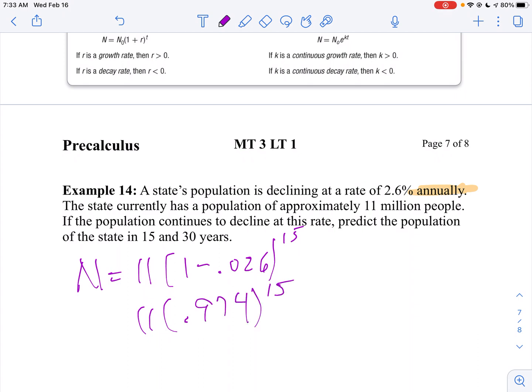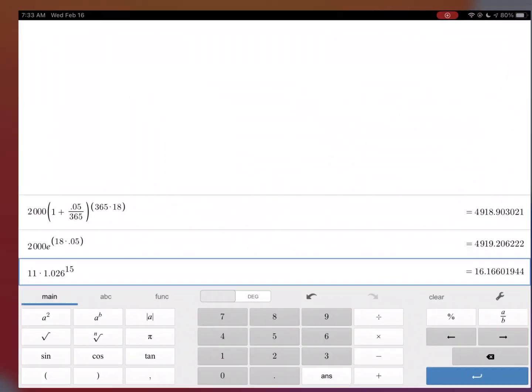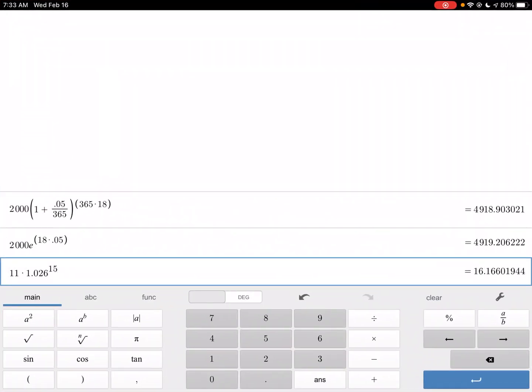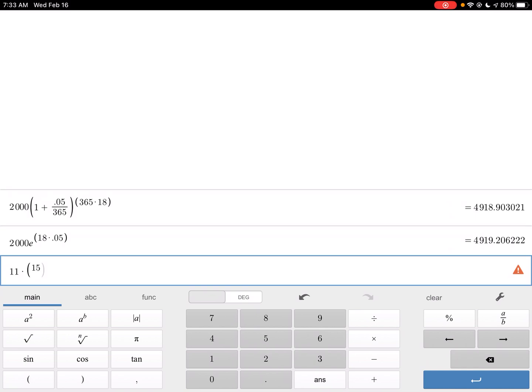Raise that to the 15th power. Because we're declining, we should have less people. So I'm going to change my base here to 0.974. Put it in parentheses just to make sure. 0.974, not 2 4s, just 1 4. And I'll close that parenthesis.